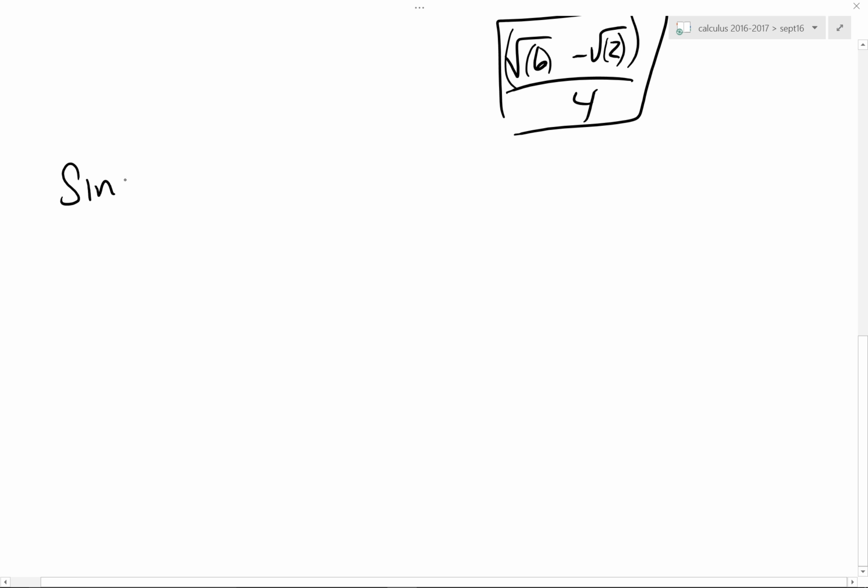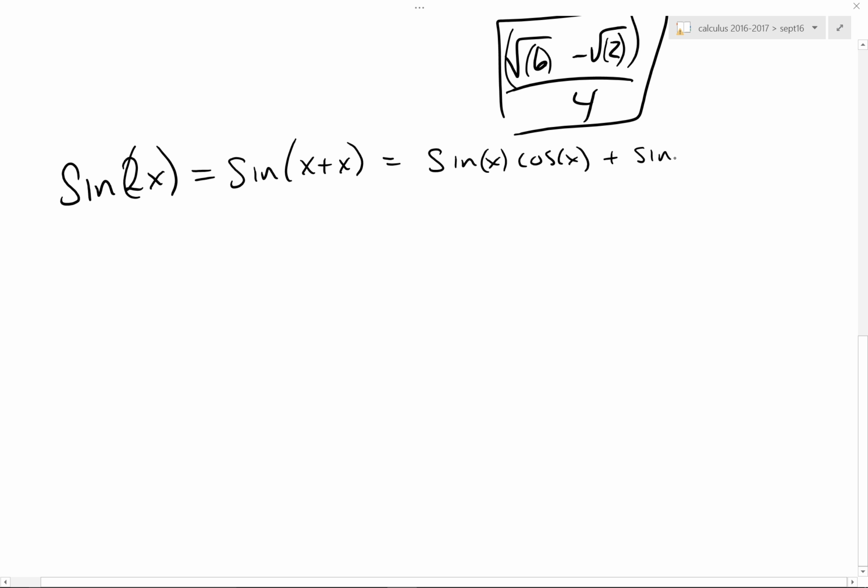Suppose I wanted to know what the sine of 2x is. Well, that's the same as the sine of x plus x. Well, wait a minute. That means it's the sine of x times the cosine of x plus the sine of x times the cosine of x, which, as you can tell, is 2 sine x cosine x.